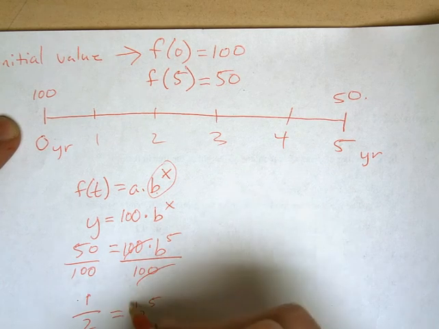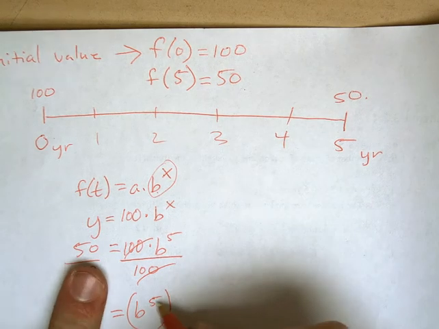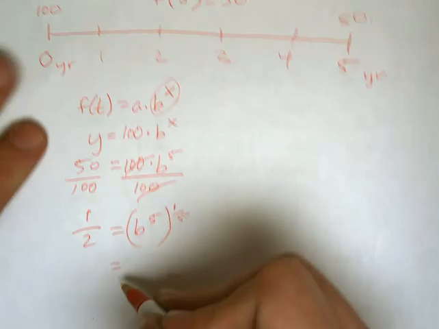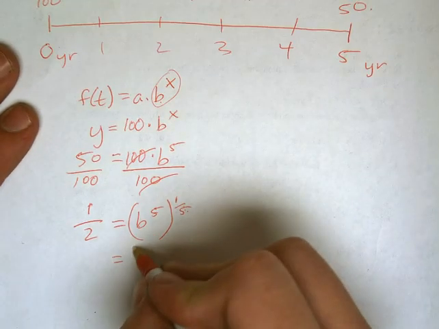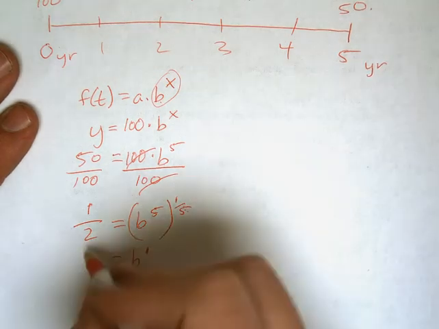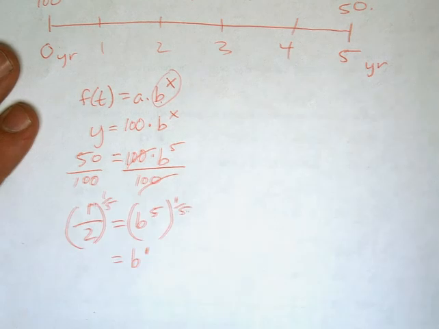Now in order to undo this exponent, we're going to take it to the 5th root. Since you multiply exponents, that's going to give us b to the 1st power, or just b, is equal to, and we have to take the 5th root of the other side.